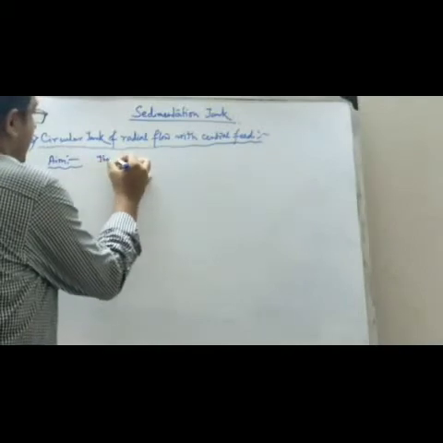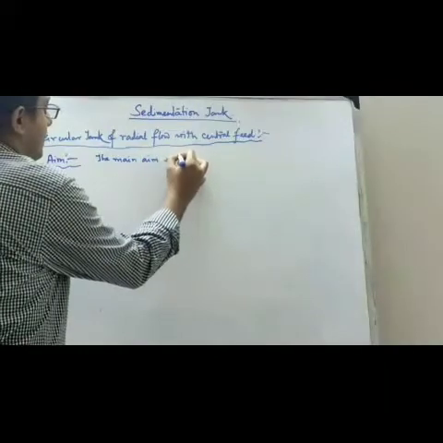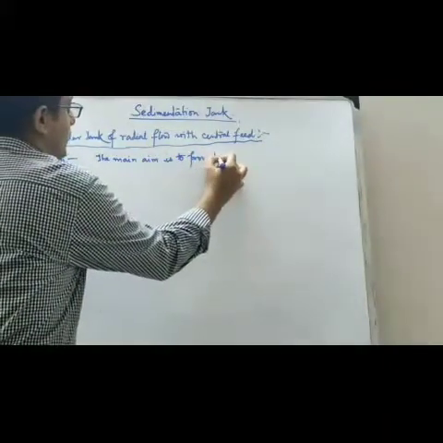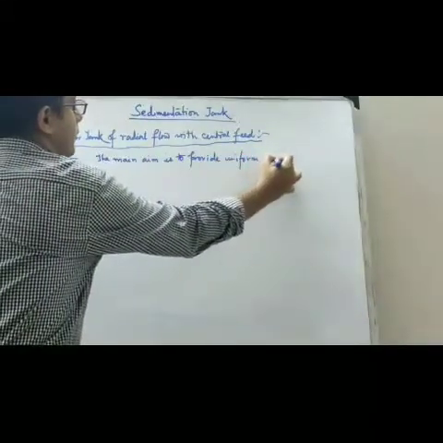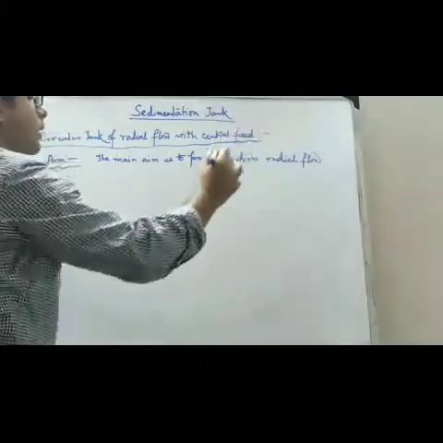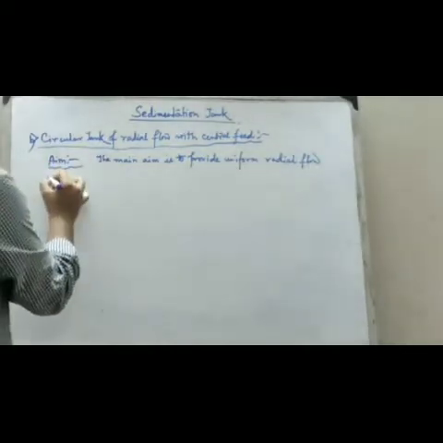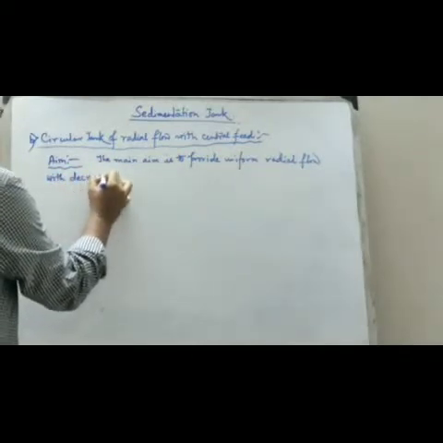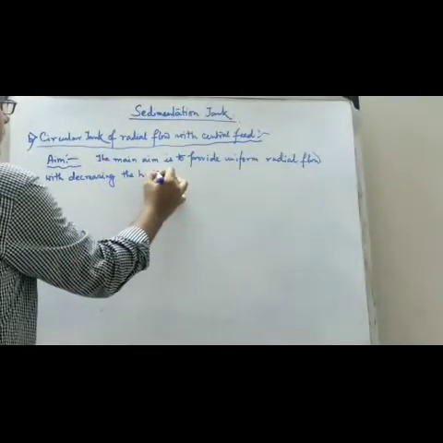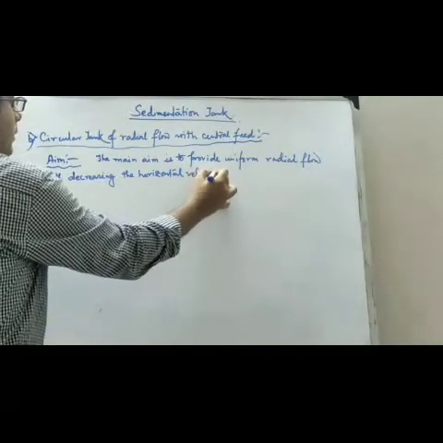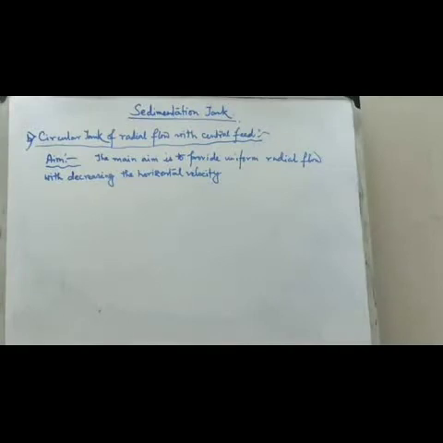The main aim of this circular tank is to provide uniform radial flow with decreasing horizontal velocity towards the periphery.